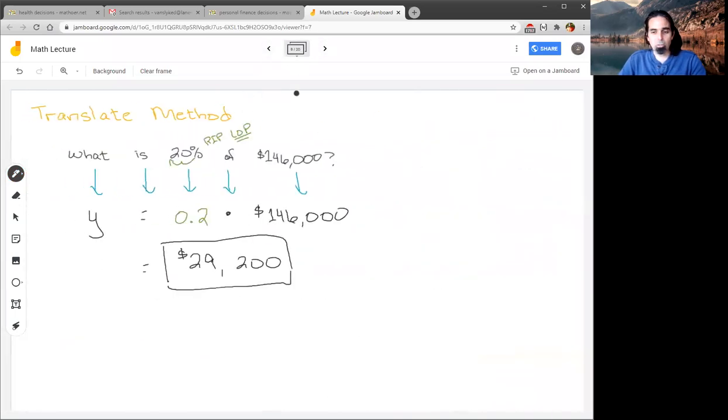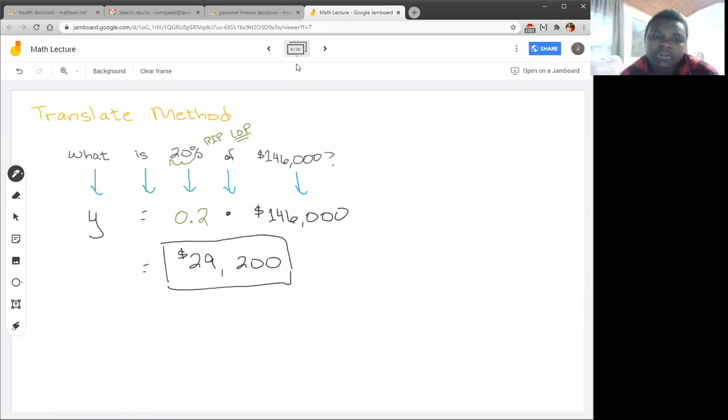Questions on whichever one you like better, or is one of them okay? I remember doing the translate method in my other class. So in my notes back home in Oregon, I have like what is equals and like what of translates to multiply. And so I think I was doing the translate method more than the proportion method in my other class, in the Math 20 class.